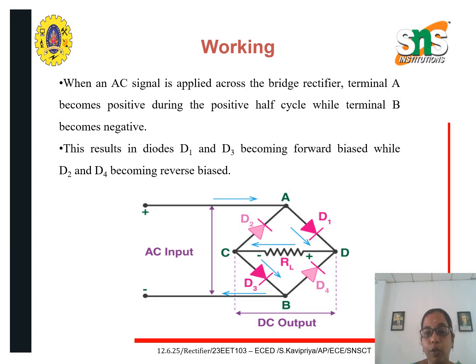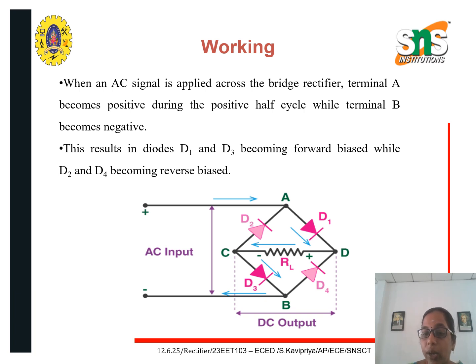We'll have 4 diodes, and we'll apply an AC input across any 2 arms of the bridge rectifier, and we'll get an output across the remaining 2 arms. During the positive half cycle of the AC input signal, A becomes positive and B becomes negative.